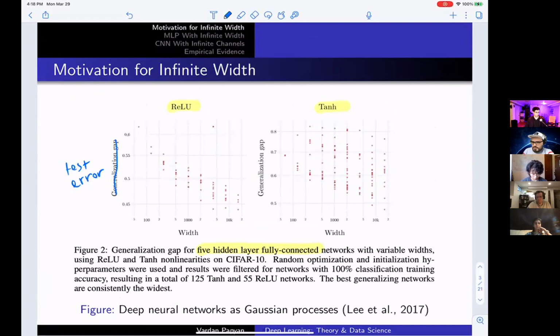So notice, if you read carefully what they're saying: generalization gap, which is a fancy word for test error, for a 5 hidden layer fully connected network with various widths using ReLU and tanh nonlinearities on CIFAR10, random optimization and initialization hyperparameters were used and results were filtered for networks with 100% classification training accuracy, resulting in a total of 125 tanh and 55 ReLU networks. The best generalizing networks are consistently the widest.